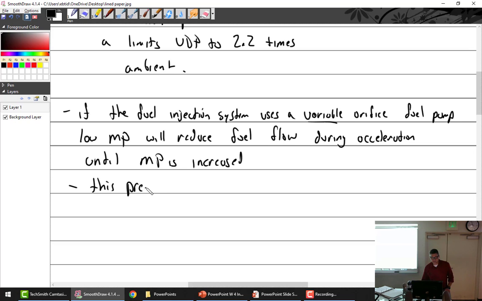This prevents an overly rich mixture due to turbo lag.